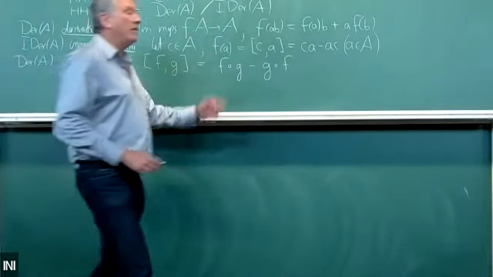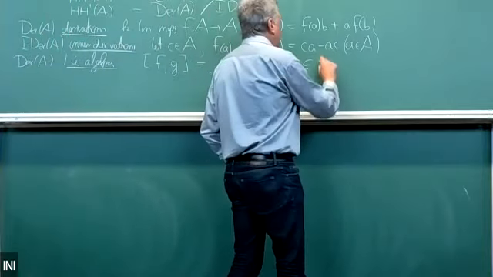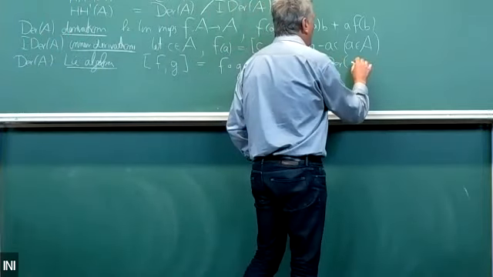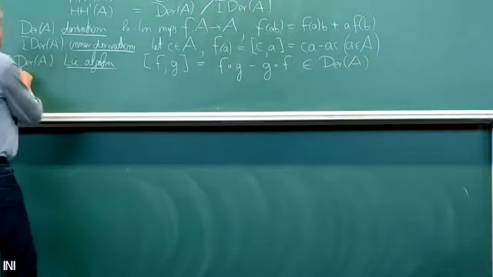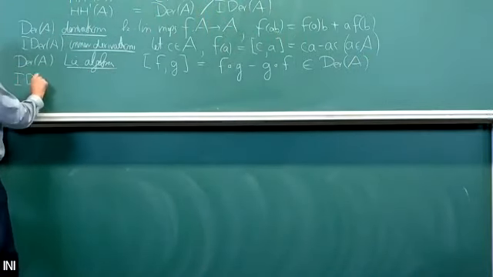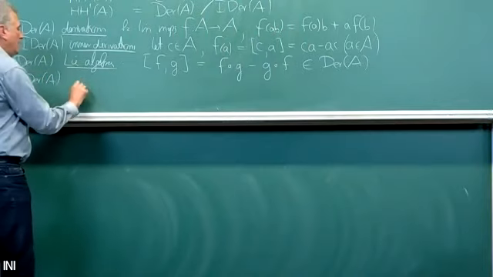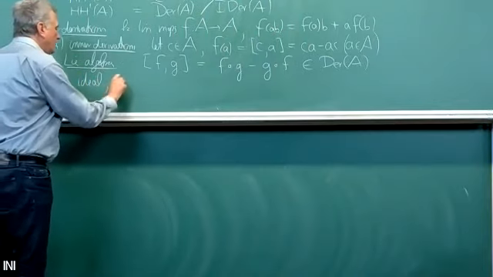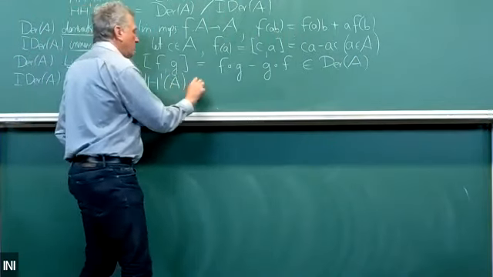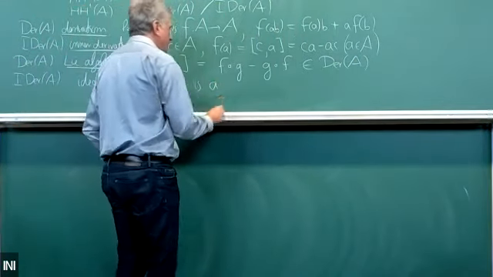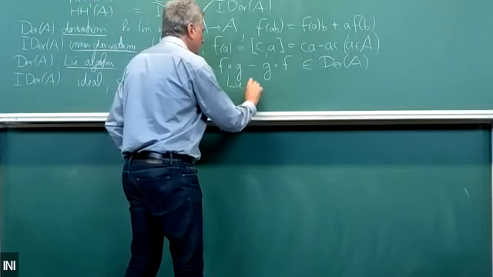One has to again run through a little elementary exercise to show that if you do that with derivations, you end up again in this space of derivations, and in there, the inner derivations form an ideal. So HH^1 is a Lie algebra.